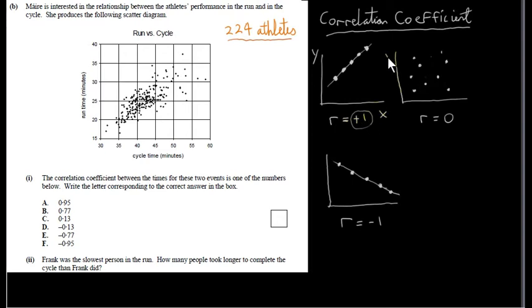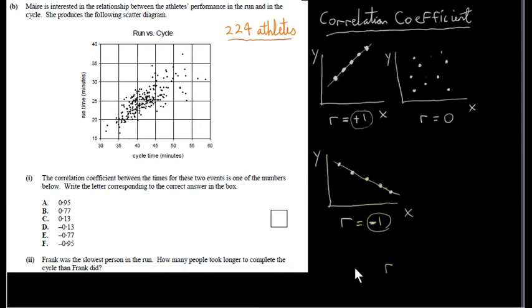If there's no correlation between y and x, then we say that r, the correlation coefficient, is 0. So we just have a random scatter and no linear relationship between y and x. Now, if the linear relationship goes the other way, we have negative correlation. If the points lie on a perfect straight line with negative slope, then the correlation is -1.